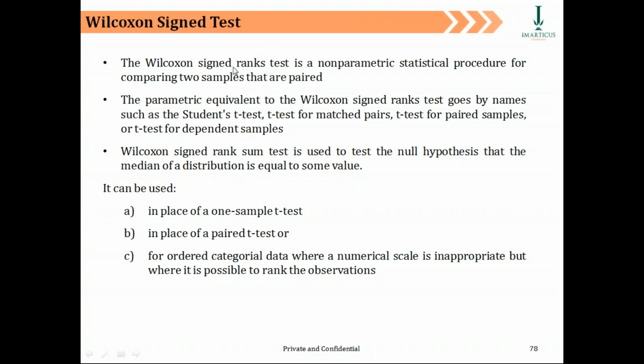So we check for the rank: in the given number of records, how many records are getting high ranks and what is their position. It says the Wilcoxon sign test is a non-parametric statistical procedure for comparing 2 samples, like the sample with CBSE and the sample with state board.